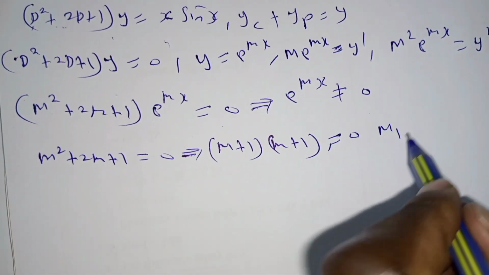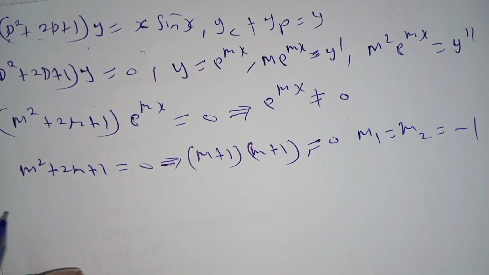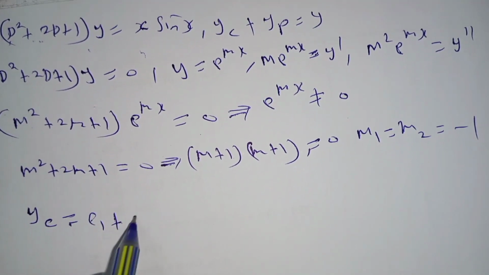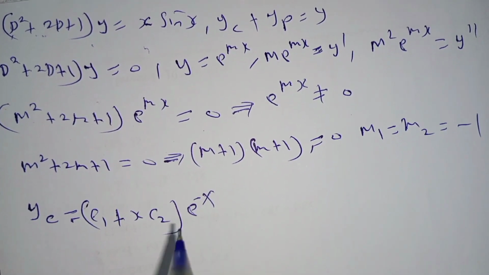So our m1 is equal to m2, which is equal to -1. We write the solution of our complementary part as (c1 + x c2) e^(-x).